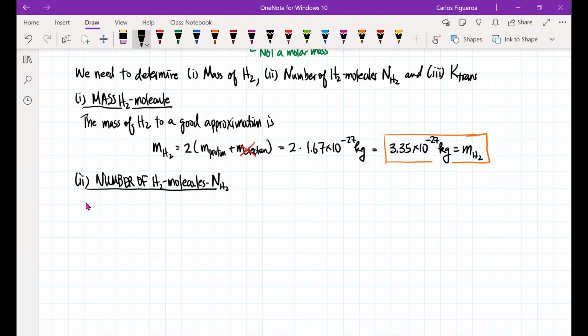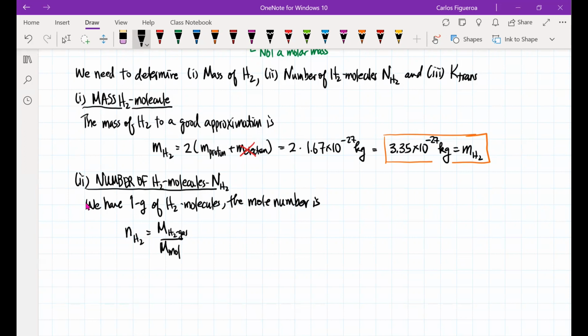So we have 1 gram of H2. The mole number N of H2 is the mass of the H2 gas divided by the molar mass of H2.